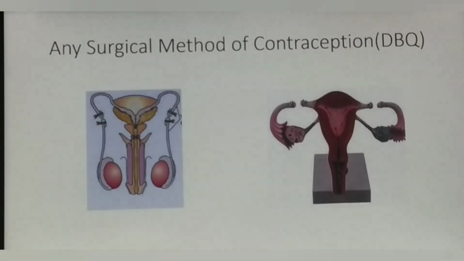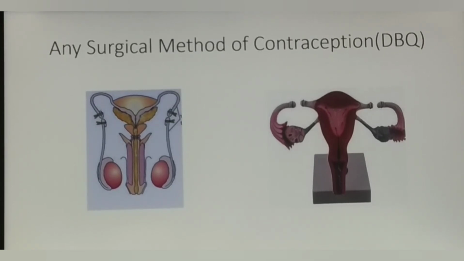In the previous slide, the first figure on the left side shows vasectomy. In this, as you can see in the figure, the vas deferens or the sperm duct is cut and a small piece between the 2 cut regions is removed. And in the second figure, you can see it is tubectomy.